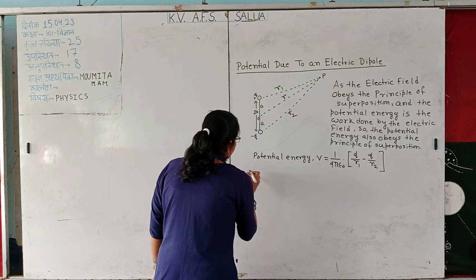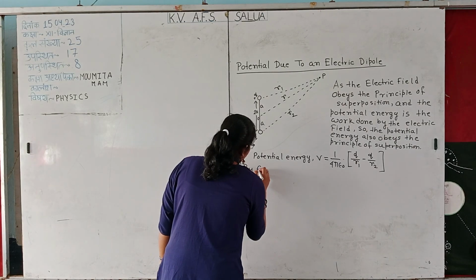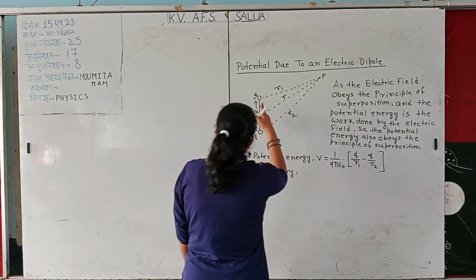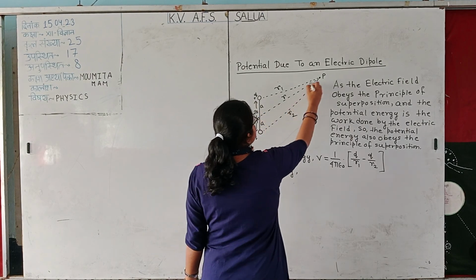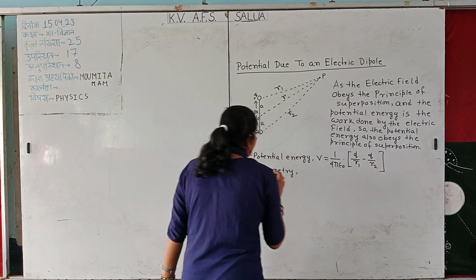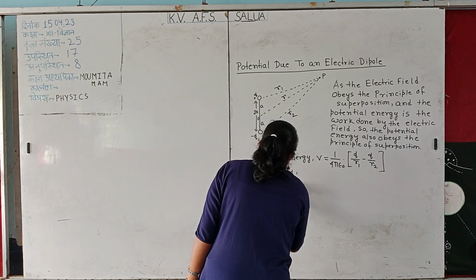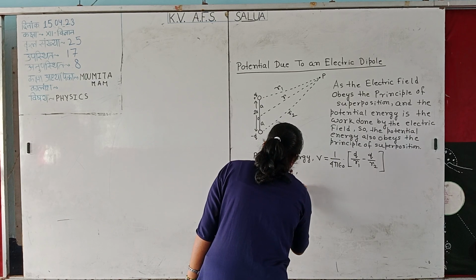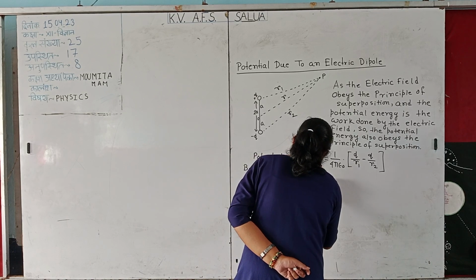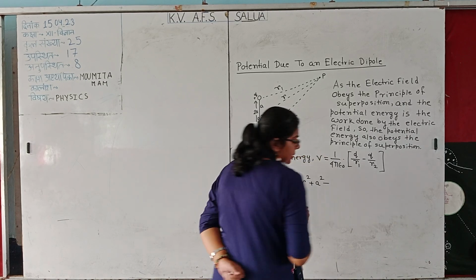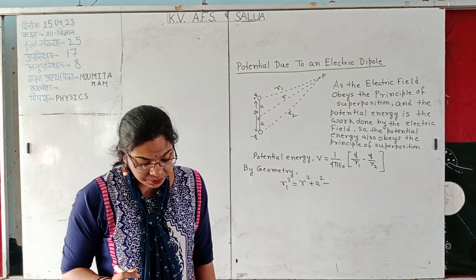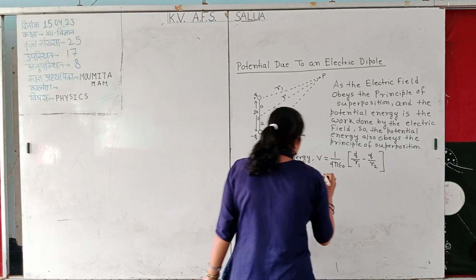So look, by geometry, if we consider this triangle, you can write r1 square equal to r square plus a square minus twice a r cos theta.